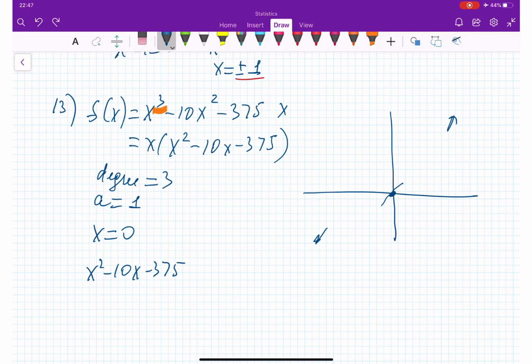Give me 1 second. I will do it and let you know right away. So let me write down x squared minus 10x and minus 375.